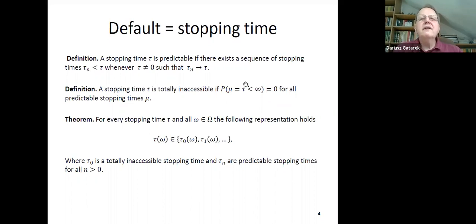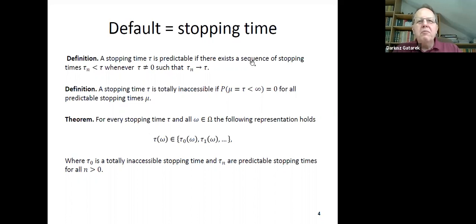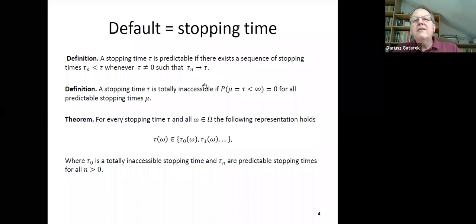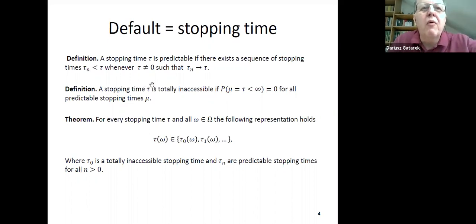And there is, I think, Professor Dolan's dad, maybe Paul-André Meyer, who did this classification: a stopping time is predictable if there is a sequence of stopping times such that they tend to this stopping time, and is totally inaccessible if there are no such stopping times that approach the stopping time tau.